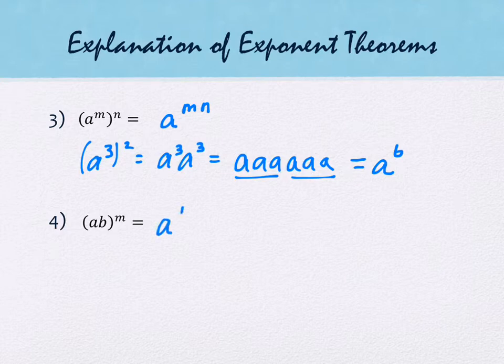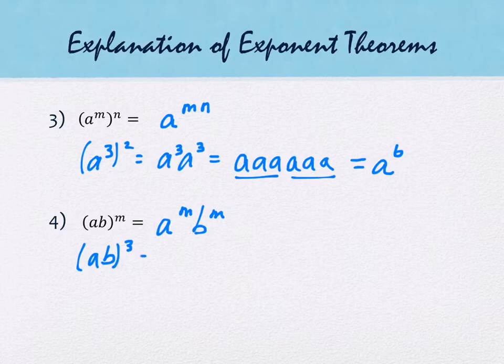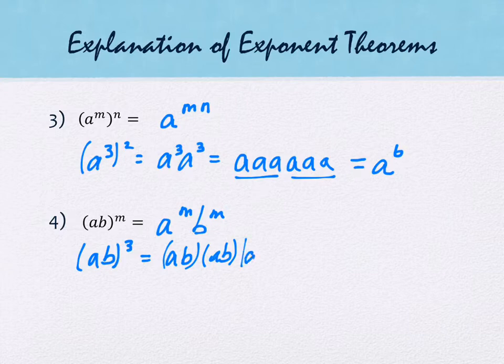Number 4 was a to the m, b to the m. On this one, we will do it to the third. What this is actually saying is that I need AB times AB times AB.